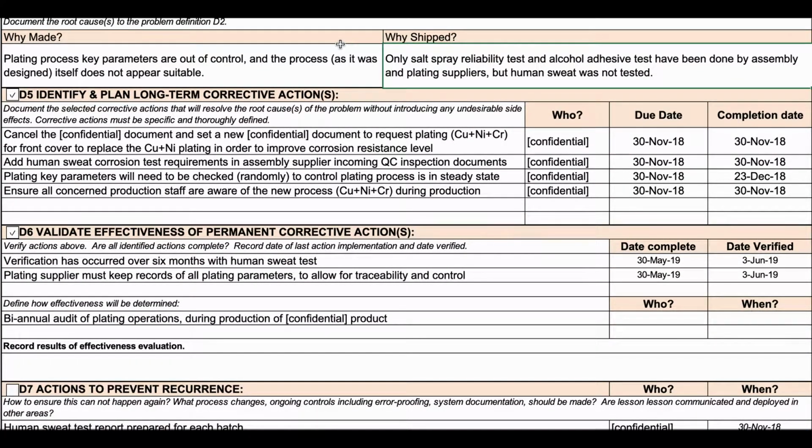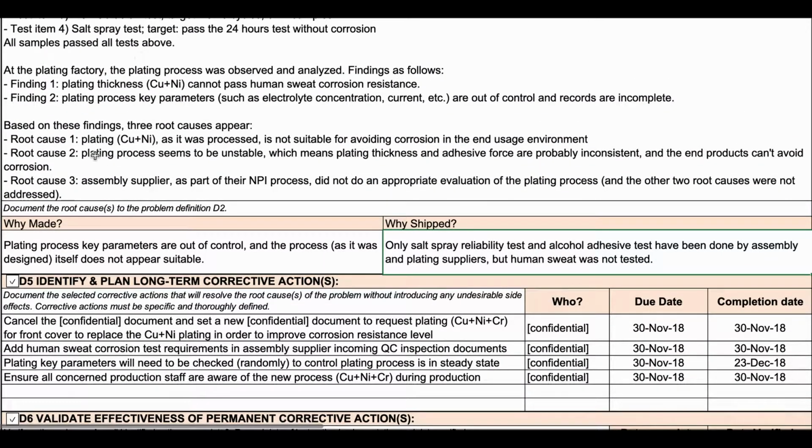Now, based on these root causes, what are the corrective actions? Well, usually, if this is clear and you really break it down like this, it is not very complicated. It just flows naturally. So request a different kind of plating, okay, and add human sweat corrosion test requirements in the assembly supplier's IQC documents.